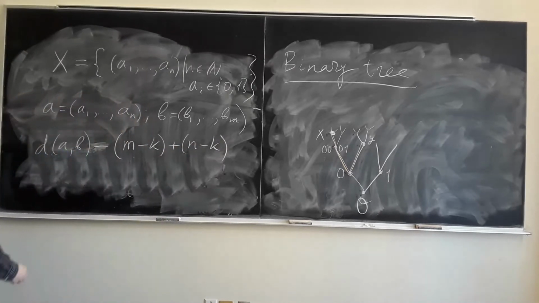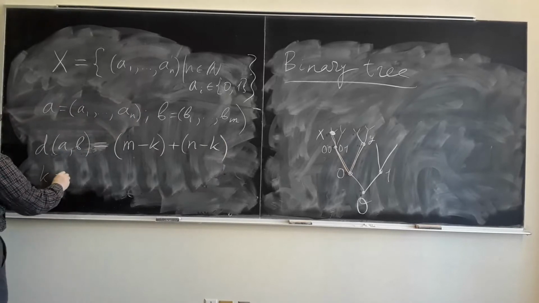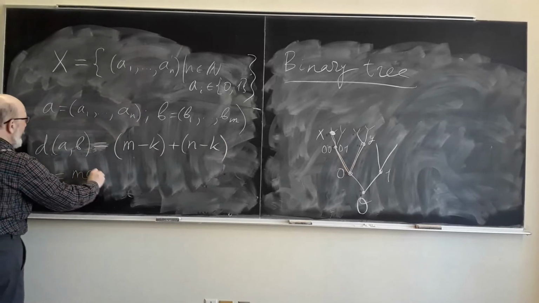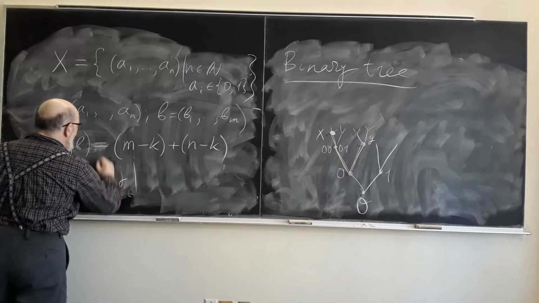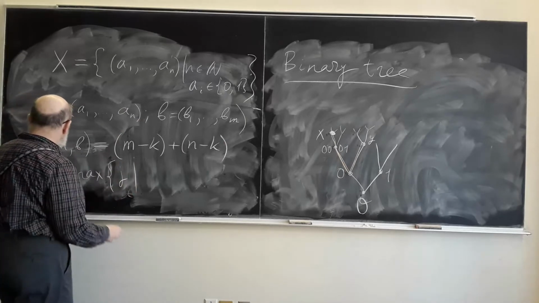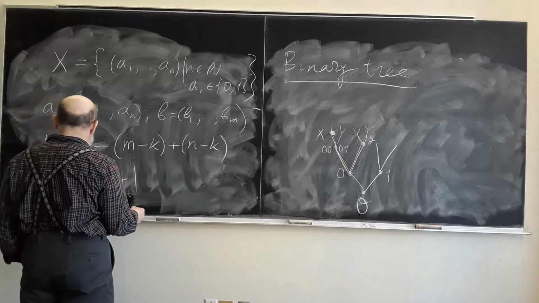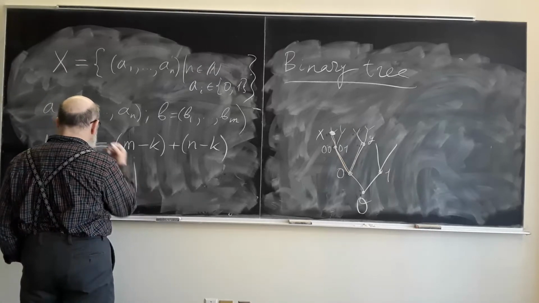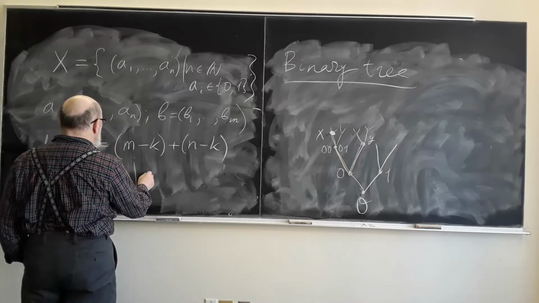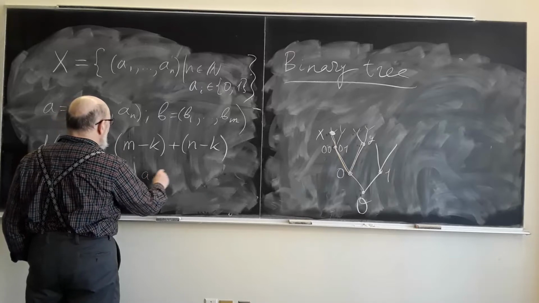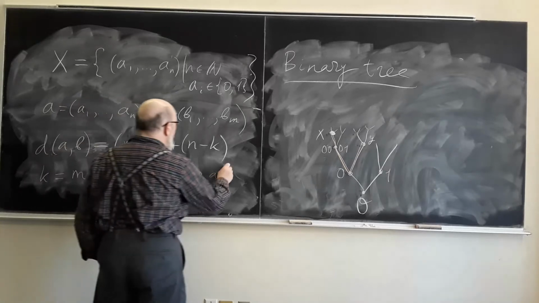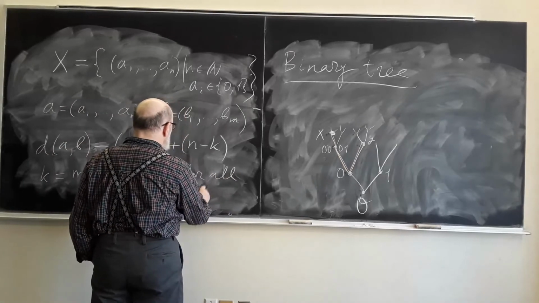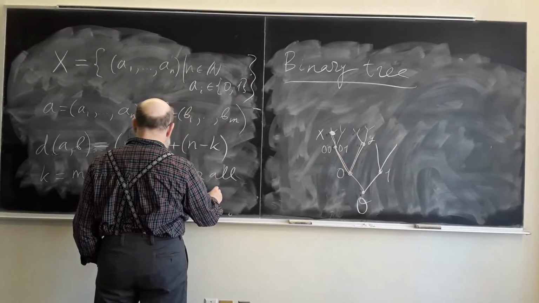And what is k? k is the maximal J such that Ai equals Bi for all i less or equal than J.